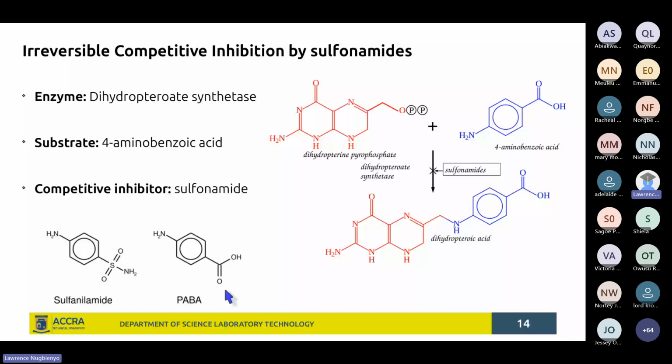And so the sulfonamides are competitive inhibitors to the para-aminobenzoic acid for the enzyme dihydropteroate synthetase. So you see what I was saying, that the structures look alike.